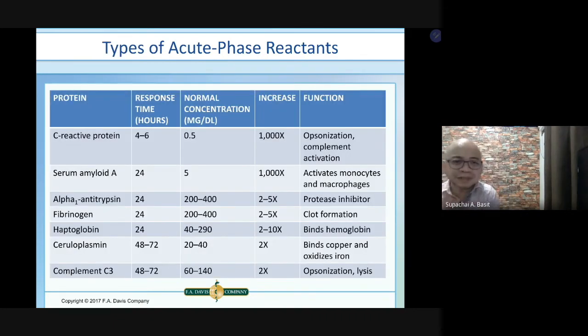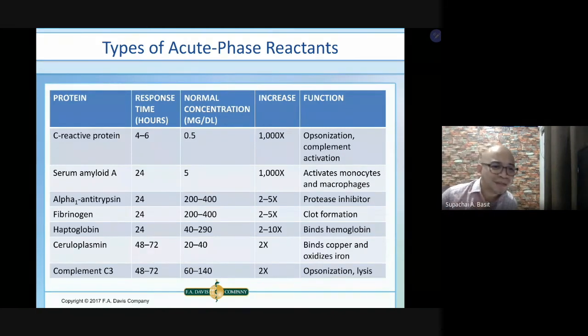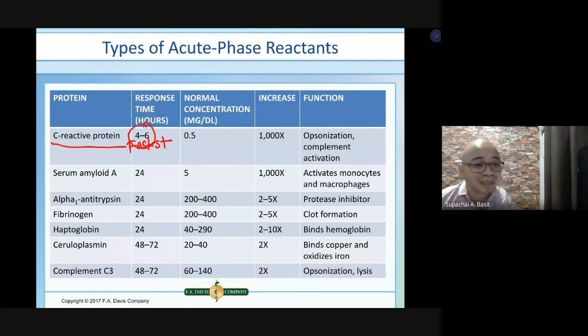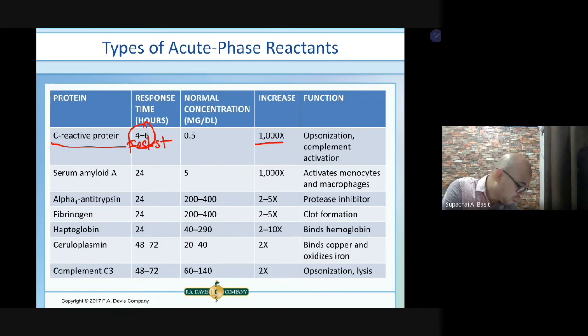As I've told you, the most important and the most commonly requested acute phase reactant is C-reactive protein. Because as you can see, it has the fastest response time, only 4 to 6 hours. So 4 to 6 hours after injury or infection, CRP increases up to 1,000 times.